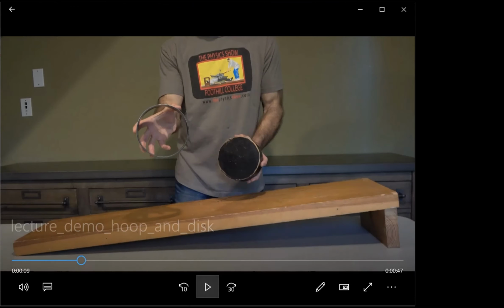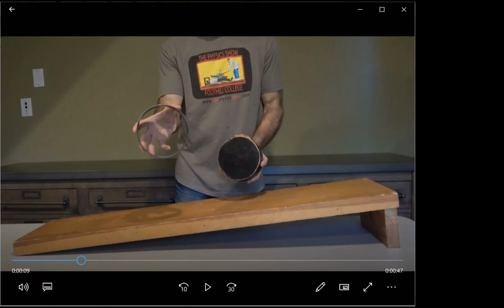Question about the previous one. Pull it straight up. Oh, then you're going to have torque. If this is touching the ground and we're pulling here, the pivot point is over here, right?